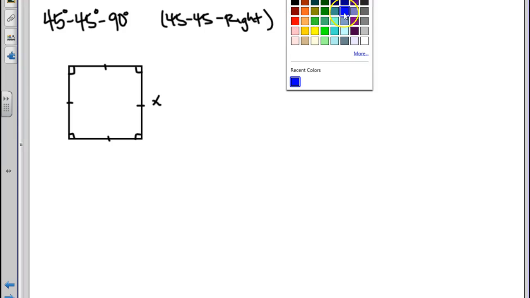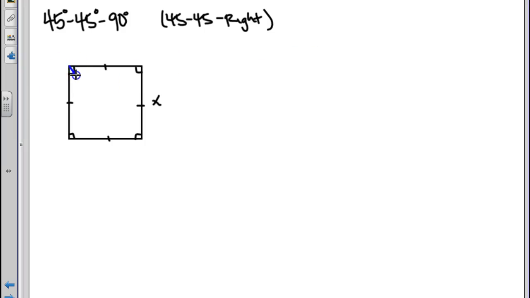We're talking triangles, not squares, right? Now I have two congruent triangles. When I draw this diagonal, that is an angle bisector also, so this is 45 degrees and 45 degrees. This is 45 degrees and 45 degrees. My sides are still x, x, x, and x.